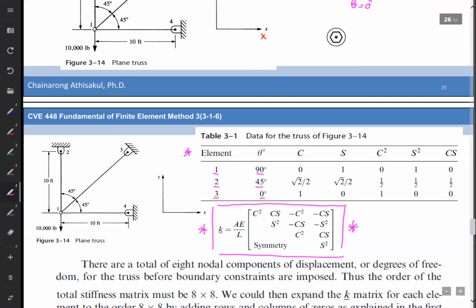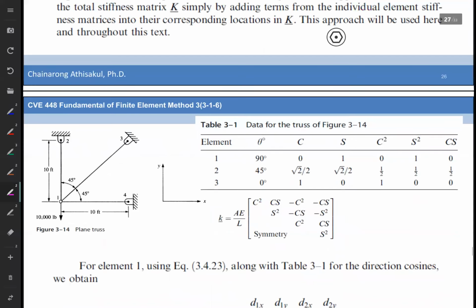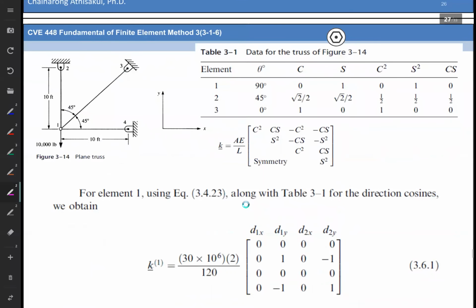So from this table, we determine every term composed of cosine and sine, cosine square and sine square, and also the multiplication between cosine and sine.